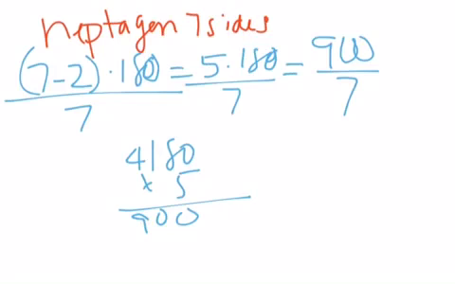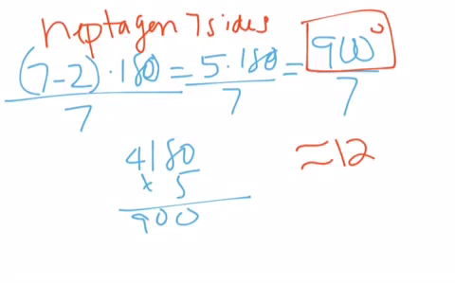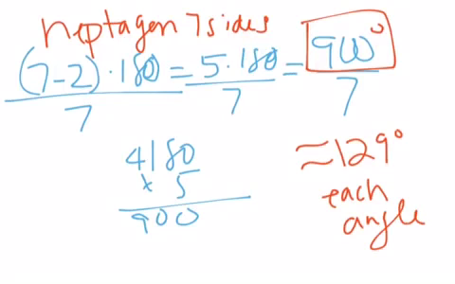When you add up all the interior angle measures of a heptagon, the total will be 900 degrees. But for the individual angles, it's going to be about 129 degrees for each angle.